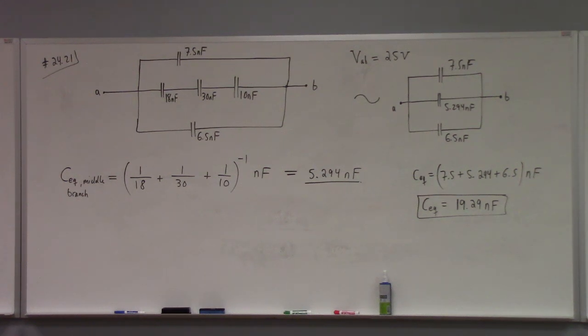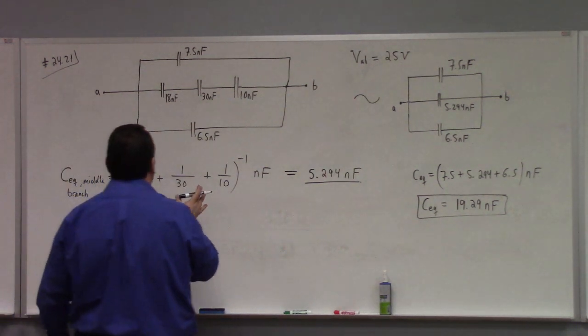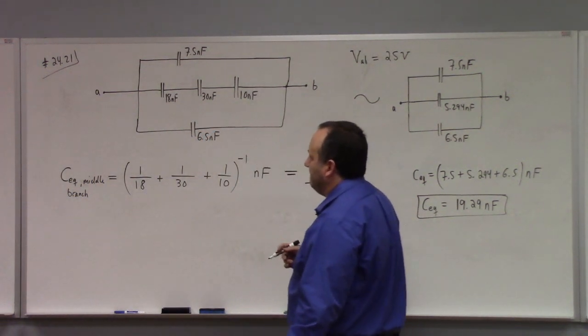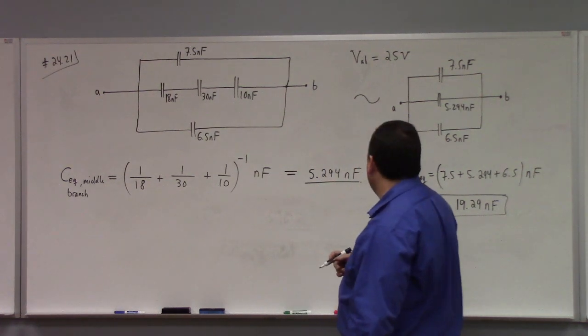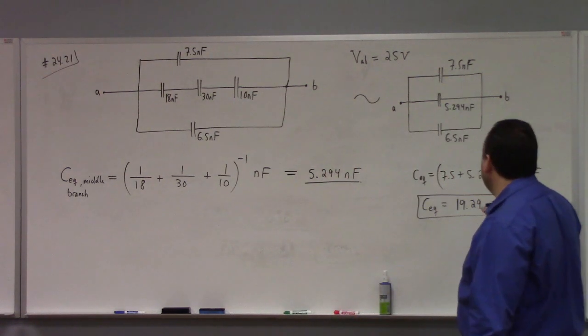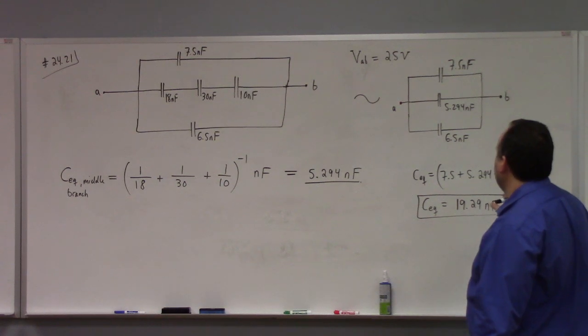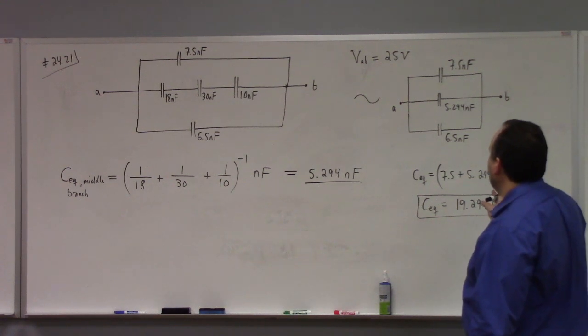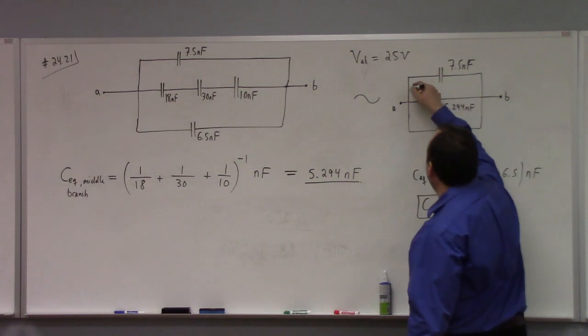For the second part, how would the C equivalent change if you just didn't have anything on the top branch? If the 7.5 wasn't there? You mean if it was just a wire?